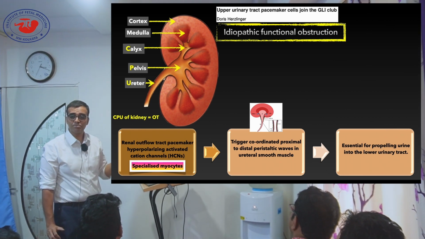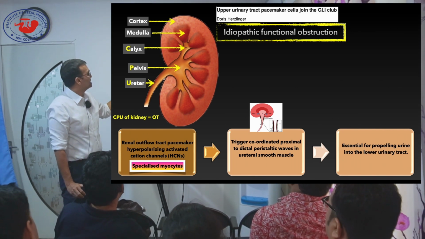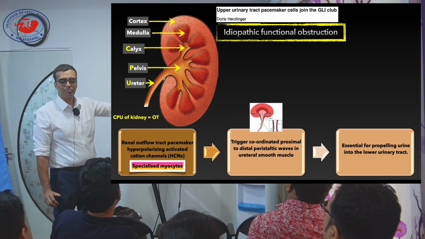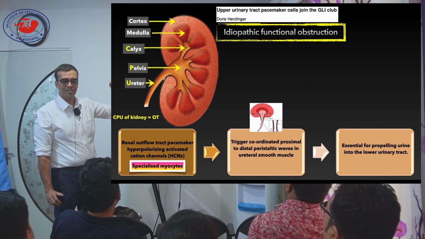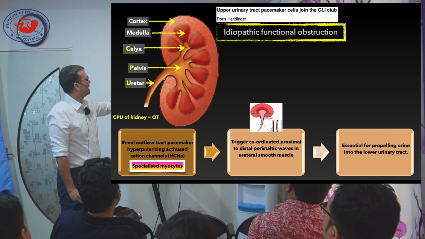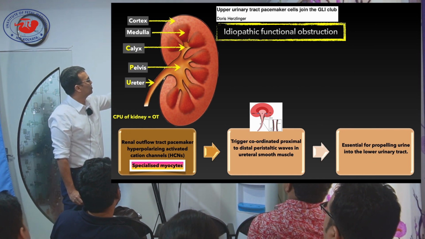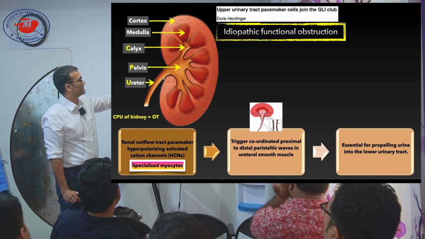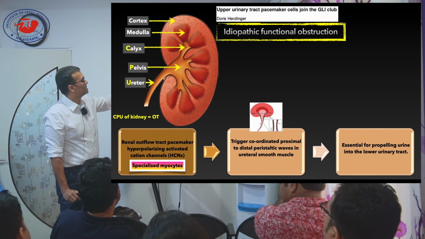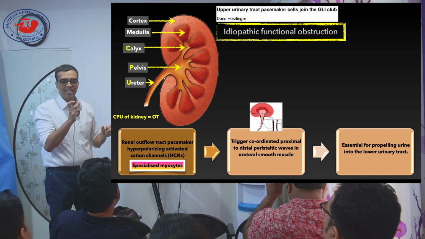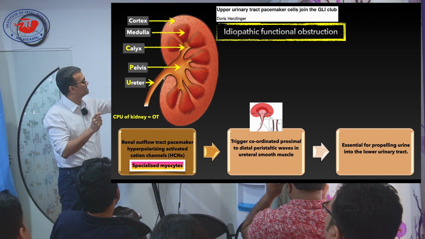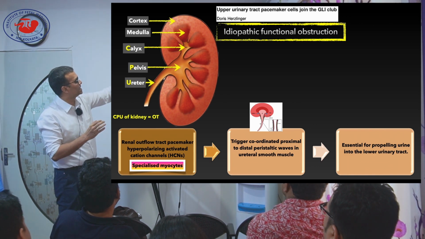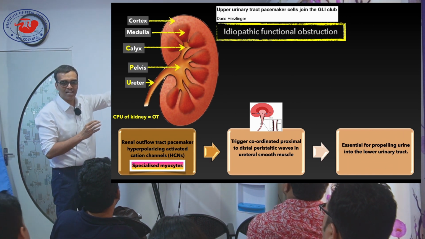Now there is a pacemaker in the kidney as well. Like in the heart, there is a pacemaker in the kidney, and this pacemaker lies in the peripheral calyceal system. And this renal outflow tract pacemaker is actually hyperpolarization-activated cation channels. So what this does is, there are special myocytes there, and these special myocytes trigger peristaltic activity which is conducted from proximal to distal.